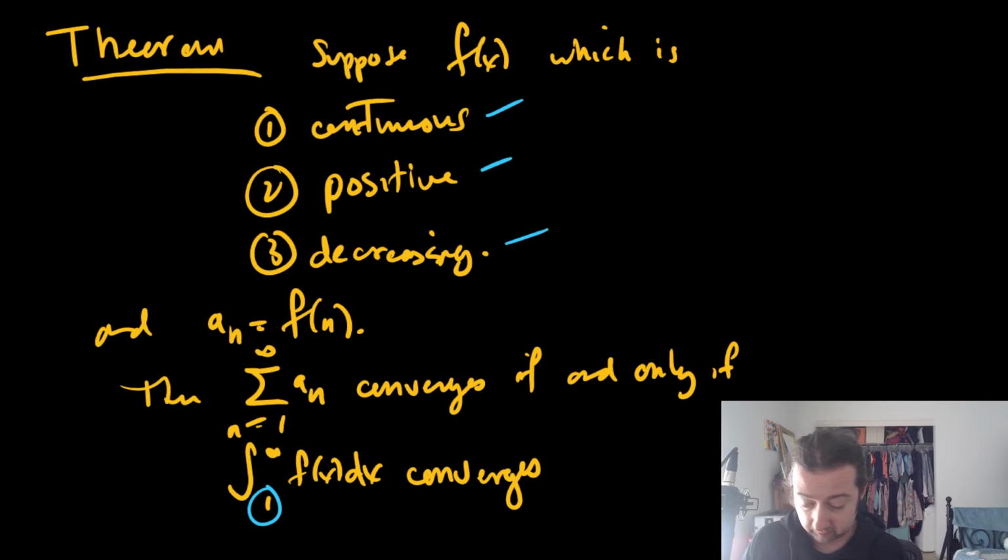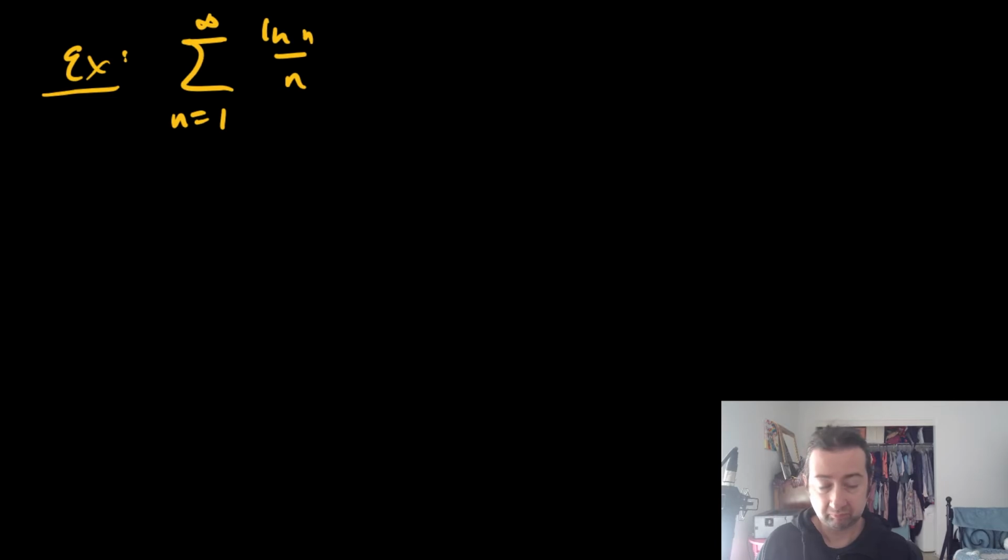So let me do a quick example here. The sum from n equals 1 to infinity, say, of the natural log of n over n. Now that's not something we have any access to. I will point out, because I'm trying to make it a theme, that we should suspect whether a series converges or diverges when we start computing it.